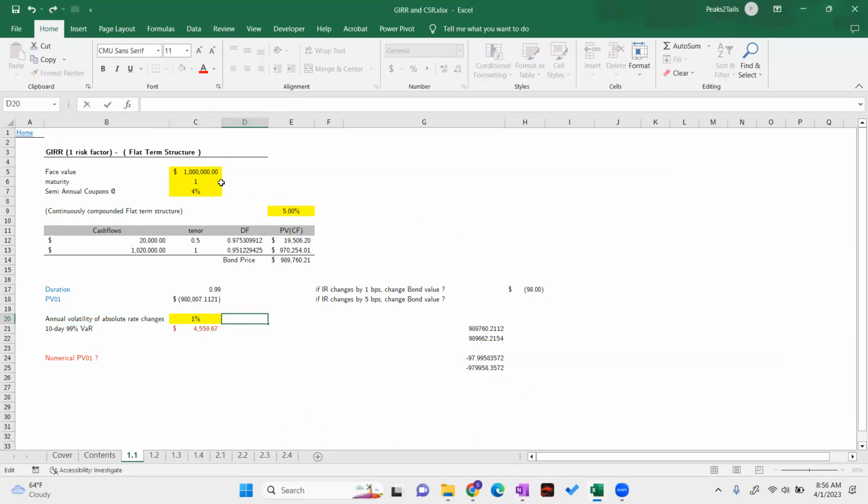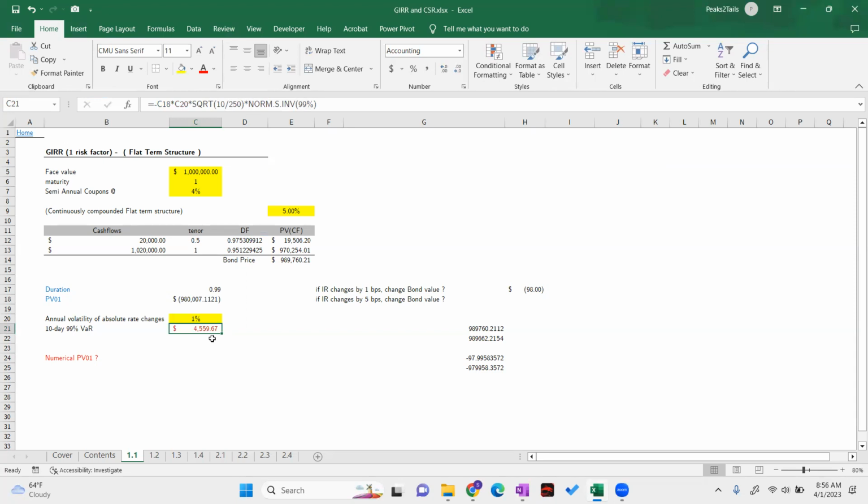Then the 10-day value at risk is PV01 times 1% sigma times the liquidity horizon adjustment times the deviate: PV01 times sigma times square root of LH times norm inverse.